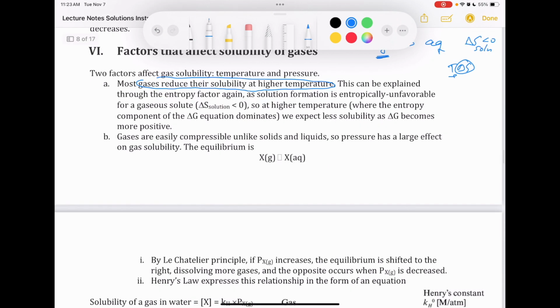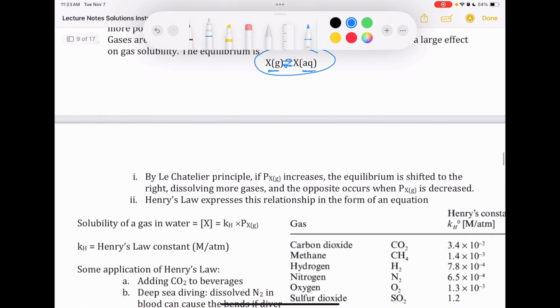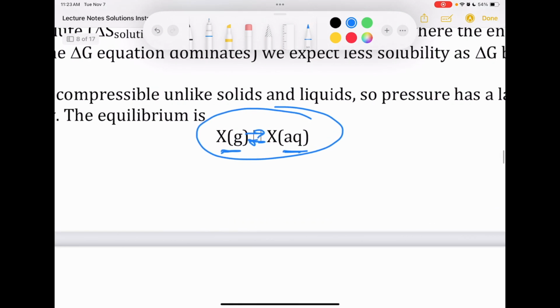The second factor that affects the solubility of gases is actually pressure, okay? So when we have a gas going from its gas phase into an aqueous phase, the pressure is affected quite a bit because, remember, gases exert pressure, right? So the higher the pressure, this equilibrium between gas and aqueous form is going to be affected.